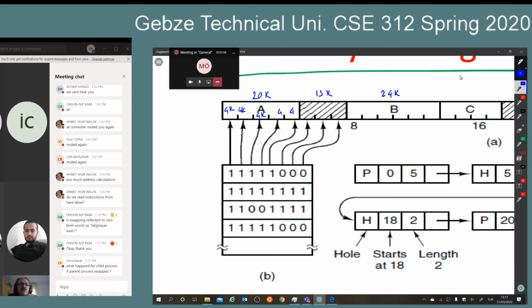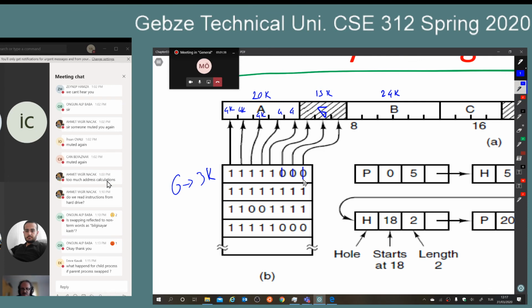If I need to load a new program, let's say program G, and program G needs 3 kilobytes, then this is a good enough place. So I put my program in there, and I would say this is G. Okay, I would make these three 1, 1, and 1.